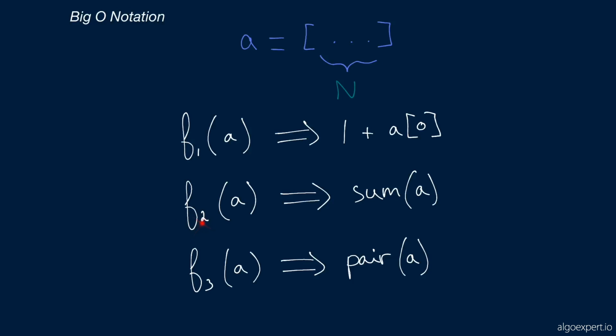The second algorithm, F2, just sums up every element in the array. You can imagine that it iterates through every element in the array and sums them up. And finally, F3 generates a bunch of pairs of numbers in the array. Let's imagine our array were 1, 2, 3.